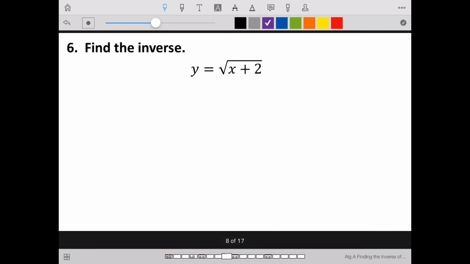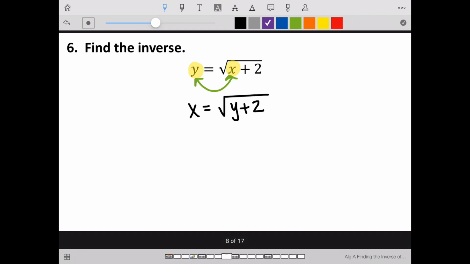Last example for this video. We're going to find the x and the y, and we're going to switch their spots. So x equals the square root of y plus 2. And now we need to get the y by itself.